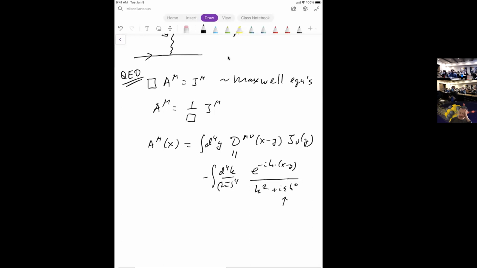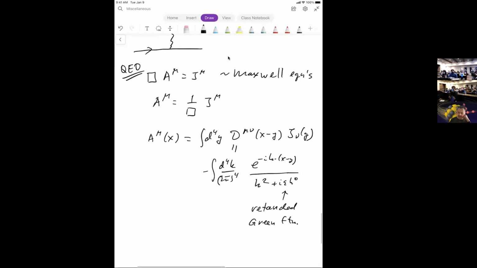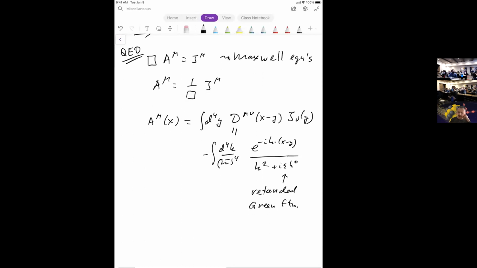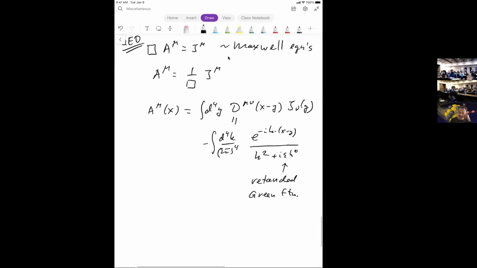So it's plus i epsilon times the zeroth component of the momentum. I hope people have seen this before. Okay, I see some nods now. But nonetheless, let's assume for simplicity that this is a Feynman propagator.